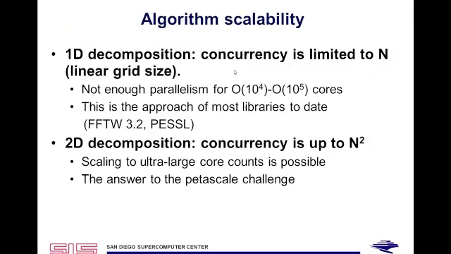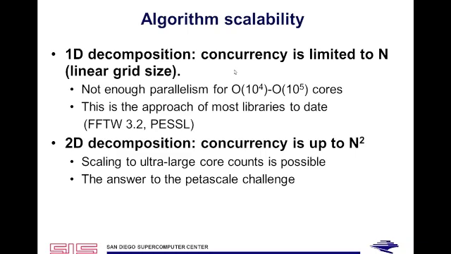Of course, the 1-dimensional decomposition suffers from a severe limitation in concurrency, because concurrency is limited to N, the number of grid points in 1 dimension. And so it's not enough parallelism to run on tens and hundreds of thousands of cores.